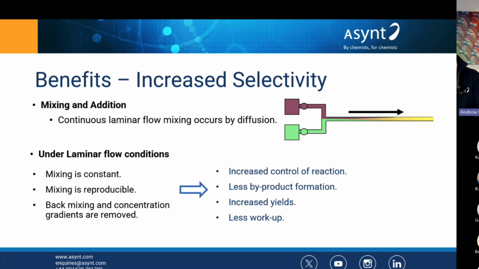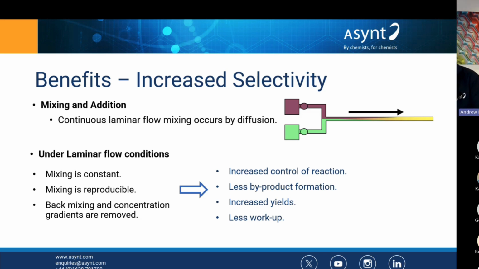And you can see from that diagram there that under laminar flow conditions, we're not mixing immediately, it's mixing by diffusion. So that's laminar flow. So that mixing is constant, which means it's reproducible. And as our reagents and our reactions are carried out along that capillary, our product doesn't see any excess of reagents unless we want it to.